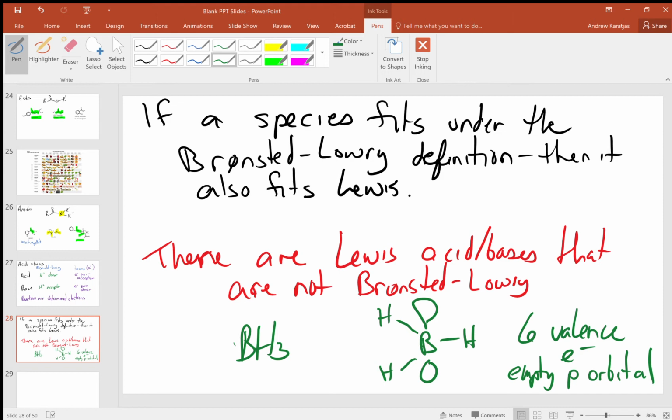That empty p orbital means that it's able to accept electrons. It wants electrons. So, since it's an electron pair acceptor, it fits as a Lewis acid. But BH3 doesn't give up a proton, so it doesn't qualify under the Bronsted-Lowry definition.